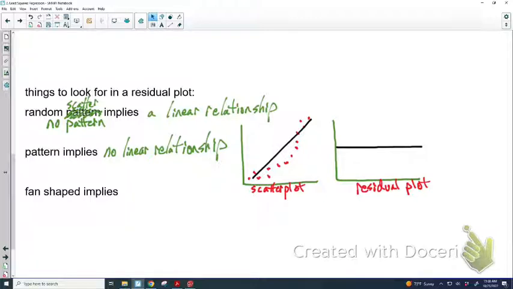And when I make my residual plot, remember it's the distances from the line, I'm going to have a graph that looks kind of like this. This has a pattern, even worse, a curving pattern. Back up. No linear relationship.